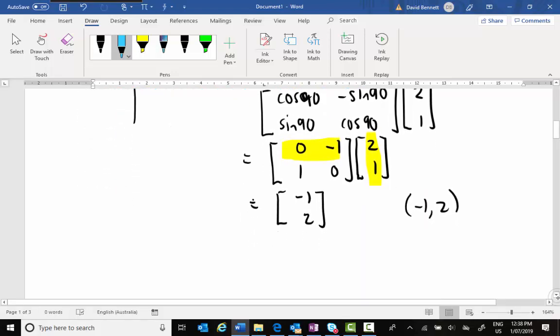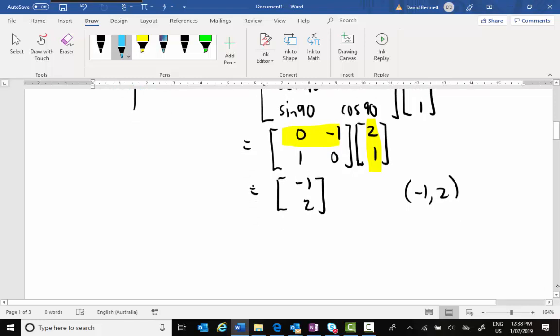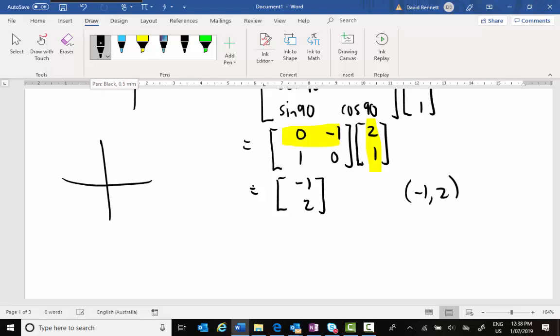Now obviously when they become not equal to 90 degrees or 45 degrees or 30 degrees, I can still use my unit circle for those ones as well. So if it was rotating 30 degrees, then I could use my triangle over here, which is 1, √3 and 2.